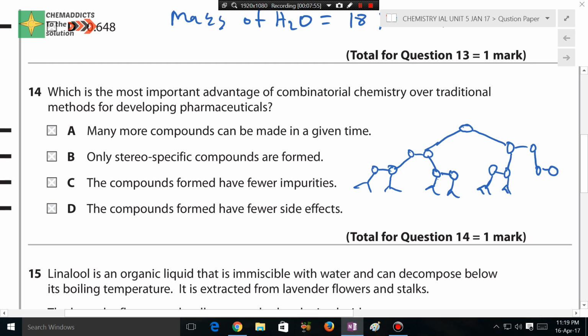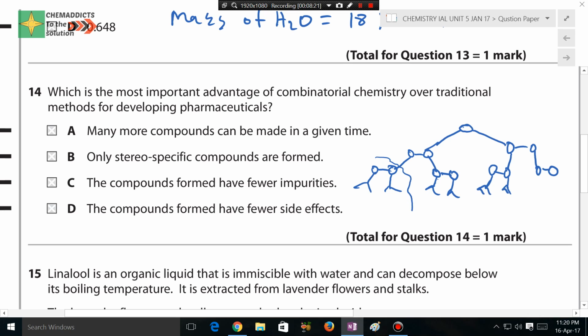And if we find one useful chemical, for example if this section of chemicals is useful, we leave all the other chemicals in the trash and research this one to make useful medicine. That is how pharmacists carry out research using this method.